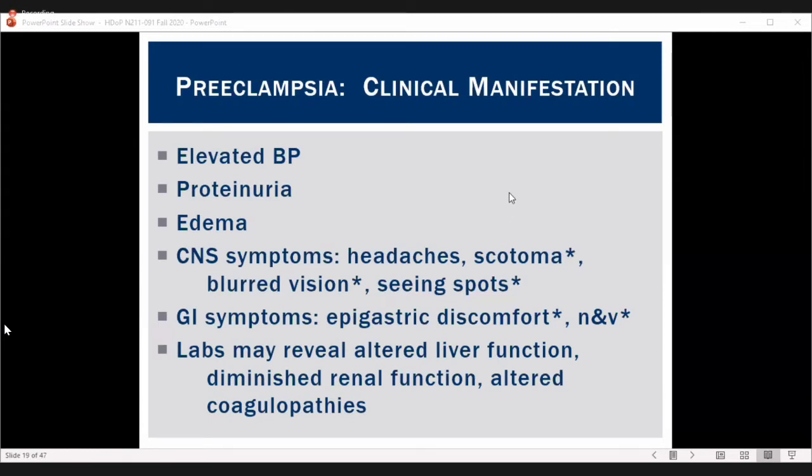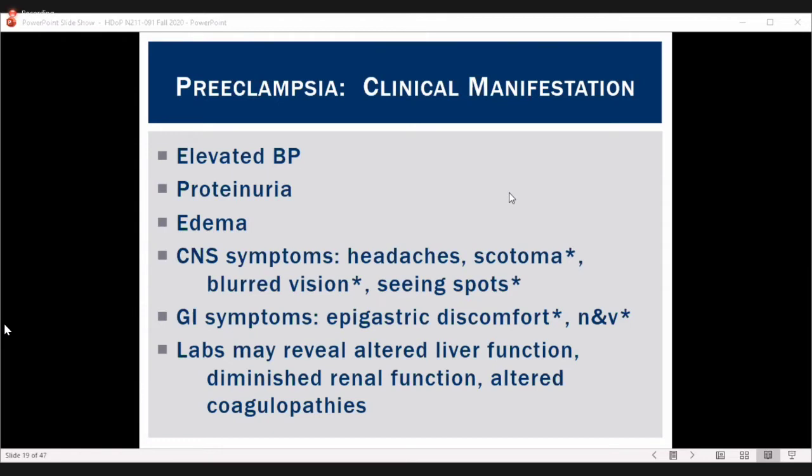Okay, so clinical manifestations. Elevated blood pressure, we talked about. Protein in the urine, edema, we've talked about. Now, central nervous system symptoms: headaches, scotoma.